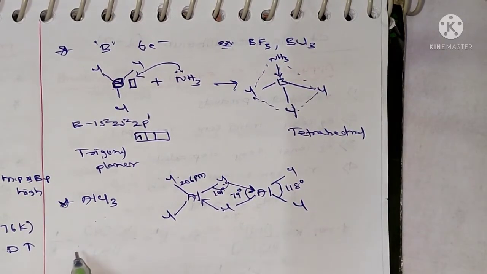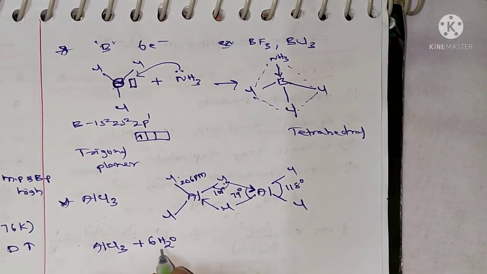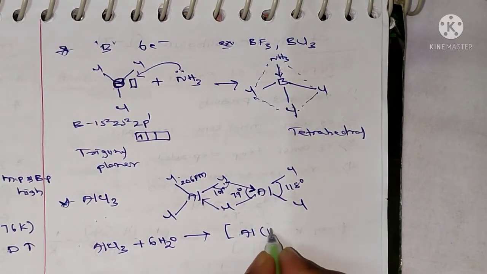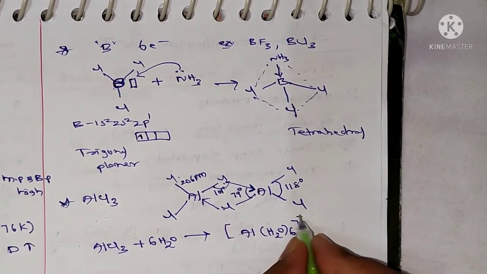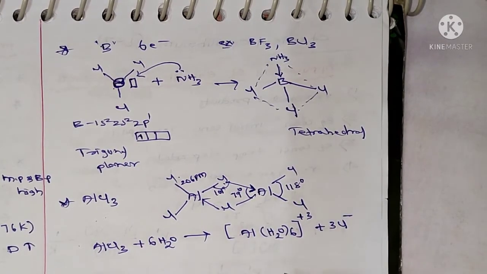And AlCl3 reacts with water to form an octahedral complex. So AlCl3 plus 6 moles of water gives Al(H2O)6 3+ and 3 Cl minus.